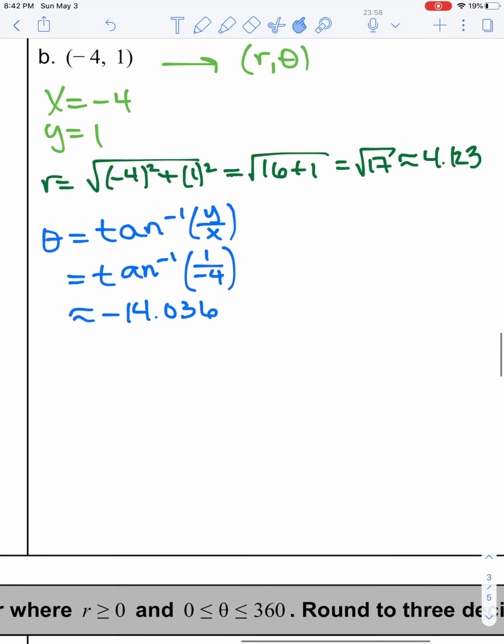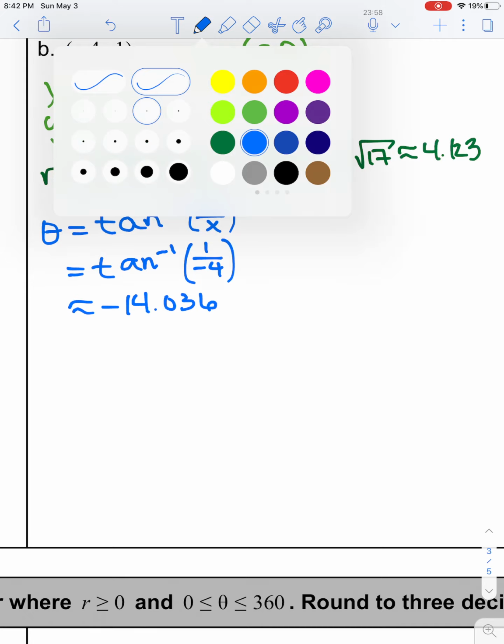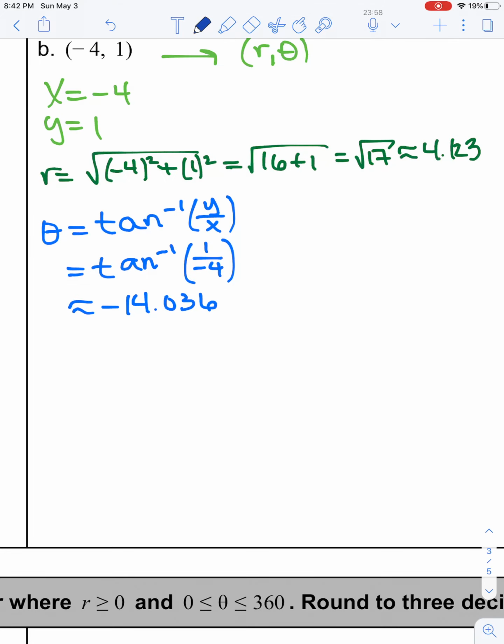So here, we're not quite done, okay? We actually need to do a little bit more work here. We need to go ahead and take -14.036 and add 180 degrees to get back into that interval from 0 to 360.